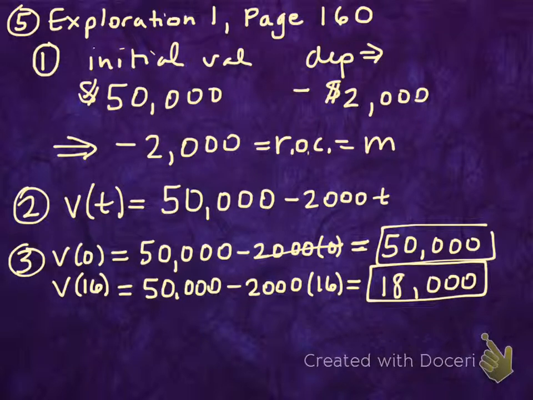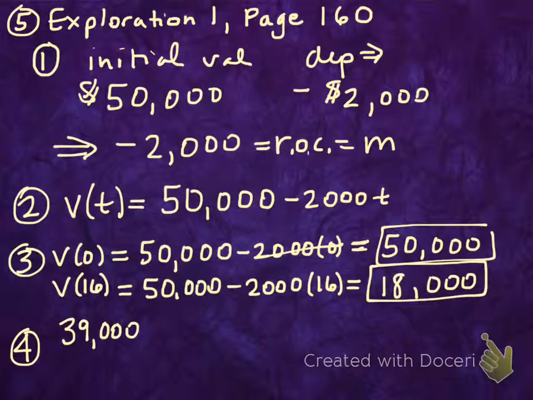And then number 4 says solve v of t equals 39,000. Well, that's pretty simple. We're just going to replace v of t with 39,000, and then copy the other side of our initial equation.